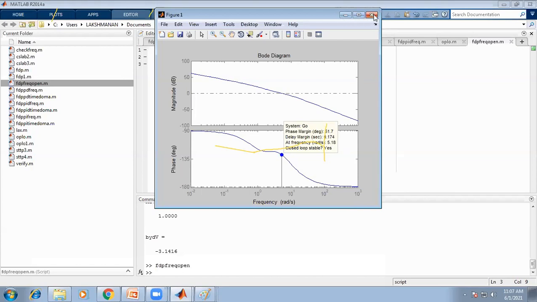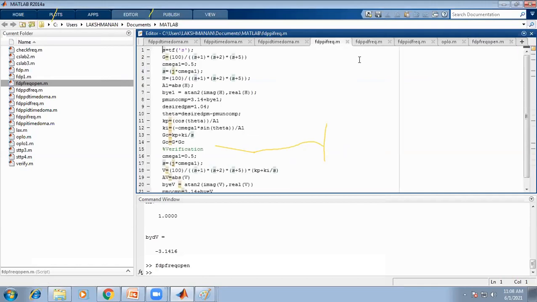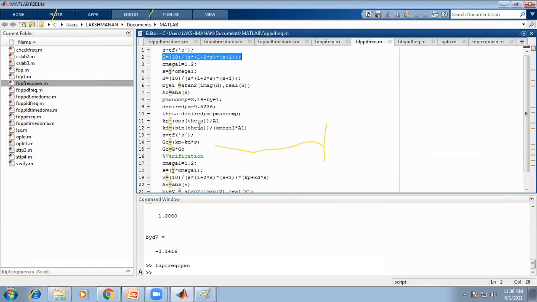So now I'm going to design the PI controller values KP and KI for our required values.